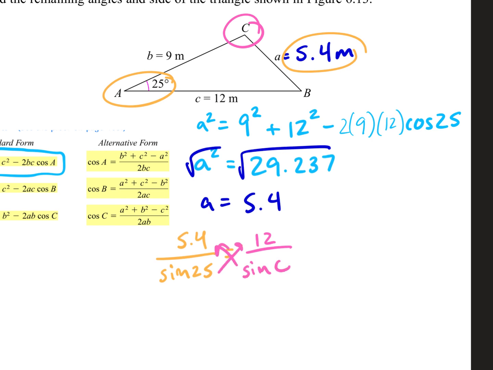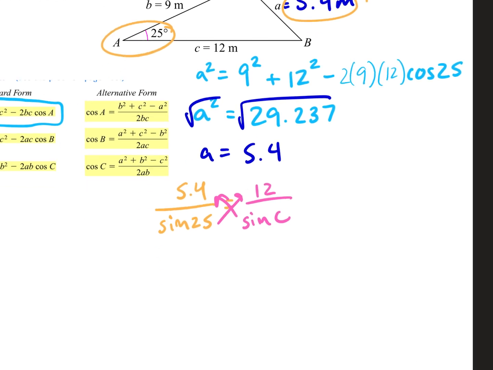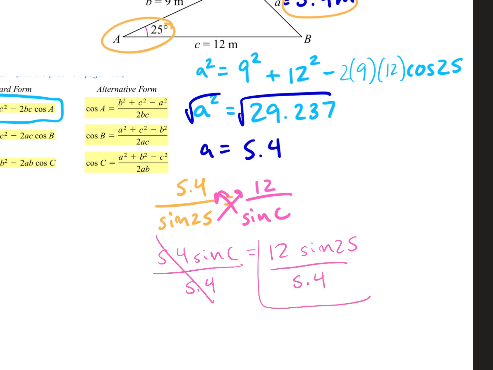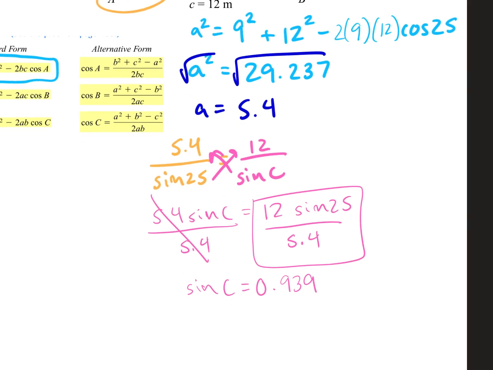We cross multiply and then divide. So we would get 5.4 times sine of C is equal to 12 times sine of 25. Divide both sides by 5.4. And then we put this in the calculator. So we should get 0.939. What would I have to do next?